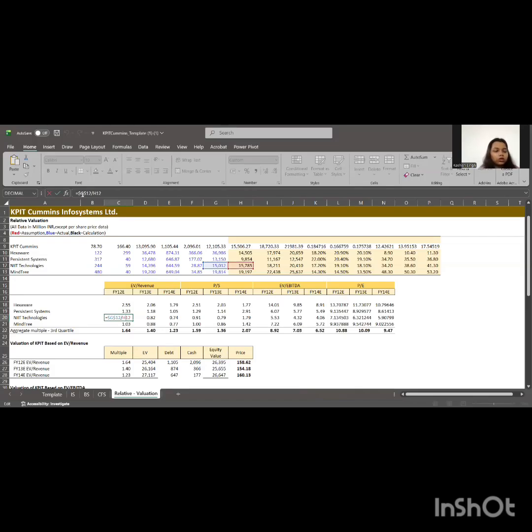Here you can say after the G and then after the 12, put in some dollar, then we get this number, which is 0.94. Everywhere you can do the same formula.